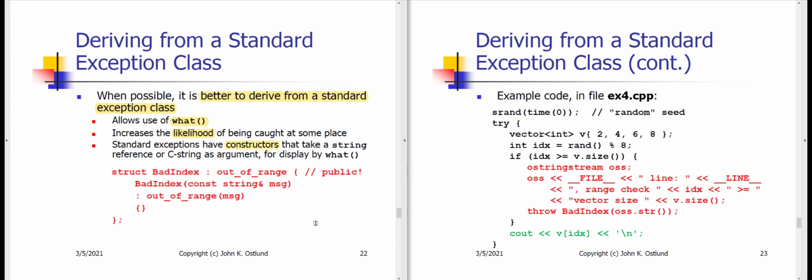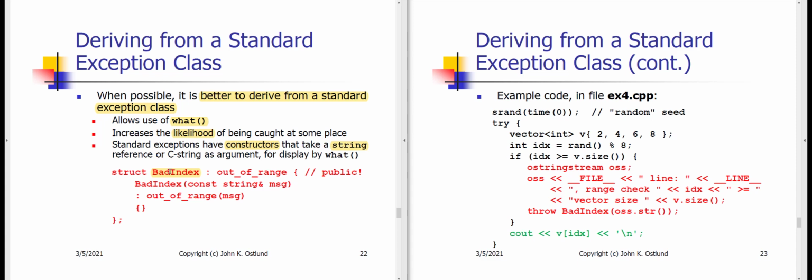Now, in order to make use of the what facility, it turns out that all standard exceptions have a constructor where you can specify a string, and then that will be displayed by the what function if the user queries what in their catch block. So here is a new and improved bad index.